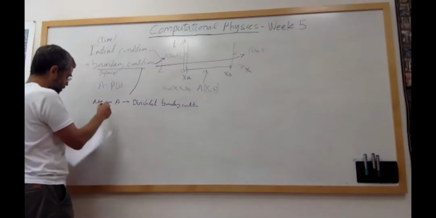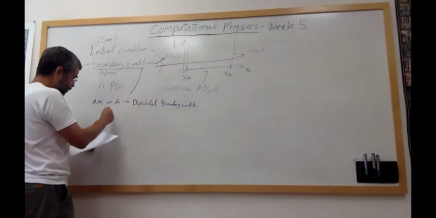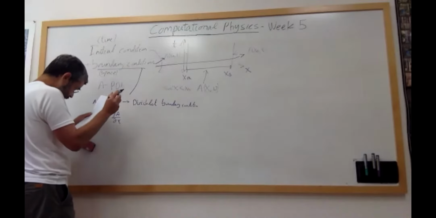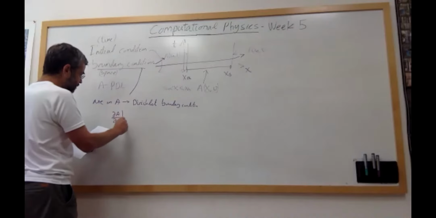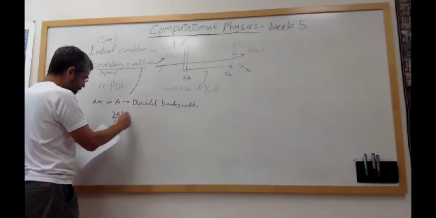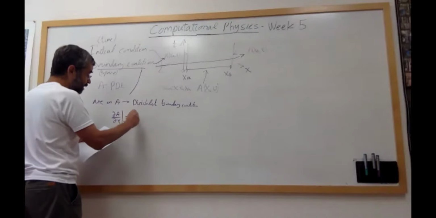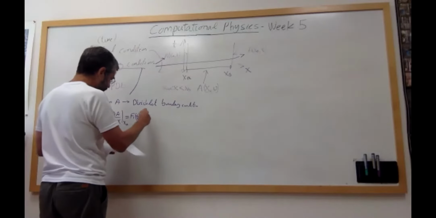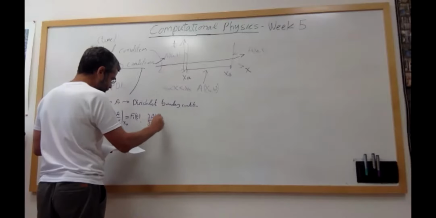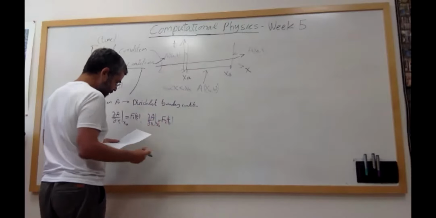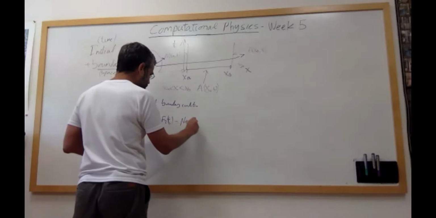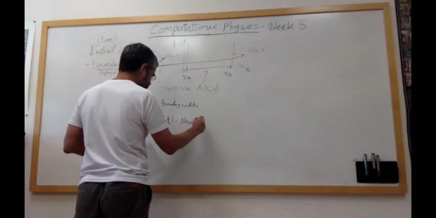If the condition is on the gradient, so if, for example, the derivative at, let's say, XA is some function of T, and on the other side, at XB, is some other function of T, then these are the Neumann boundaries.